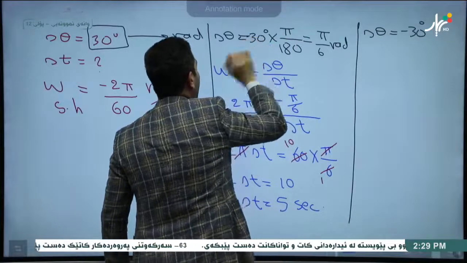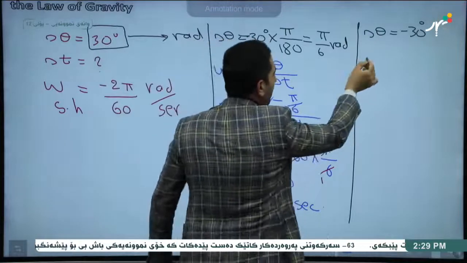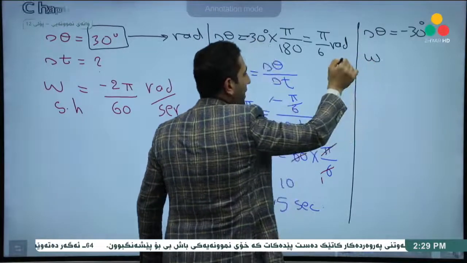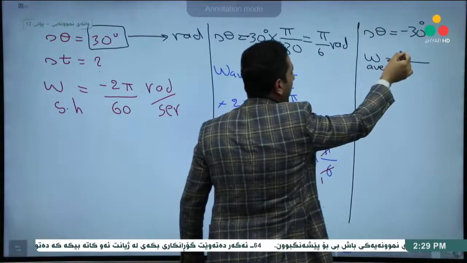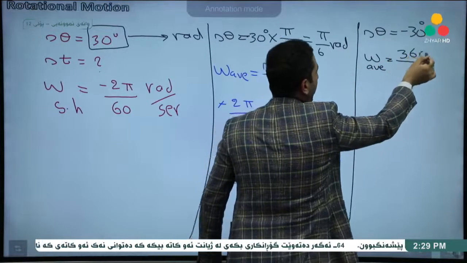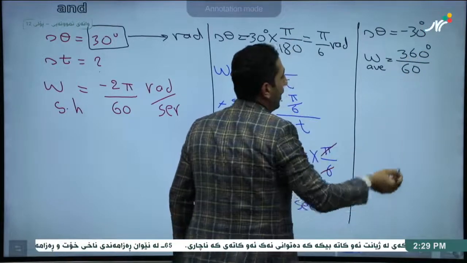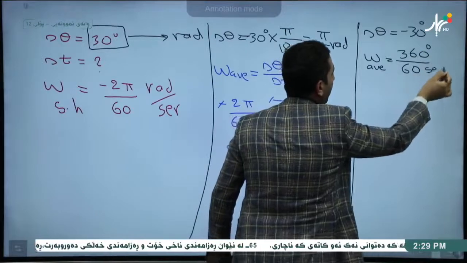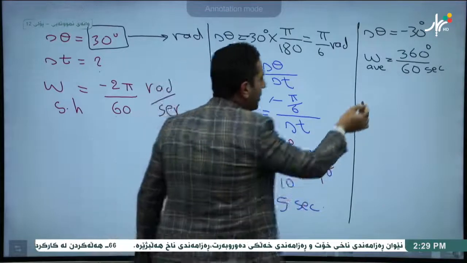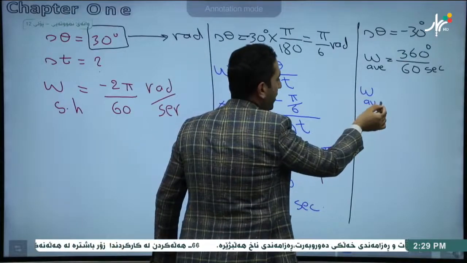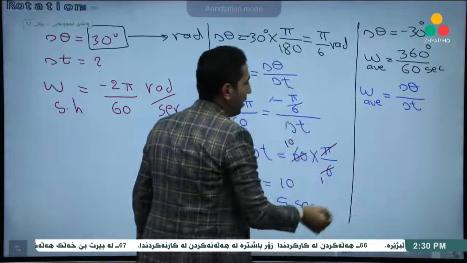The direction of the second hand is the direction of the clockwise. And you know that for the second hand, omega average, for one cycle, is equal to 360 degrees over 60 seconds, in degrees per second. The average angular speed is equal to delta theta over delta t.